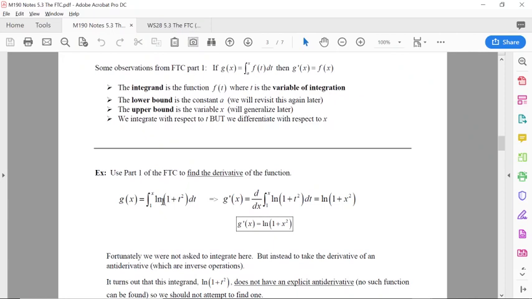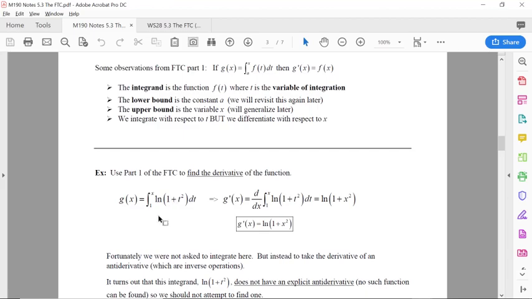First I'd like to note we are not able to take the antiderivative of this integrand, and we are not being asked to actually integrate this in this exercise. The instructions say use the fundamental theorem of calculus to find the derivative of the function. That is, we want the derivative of this integral.